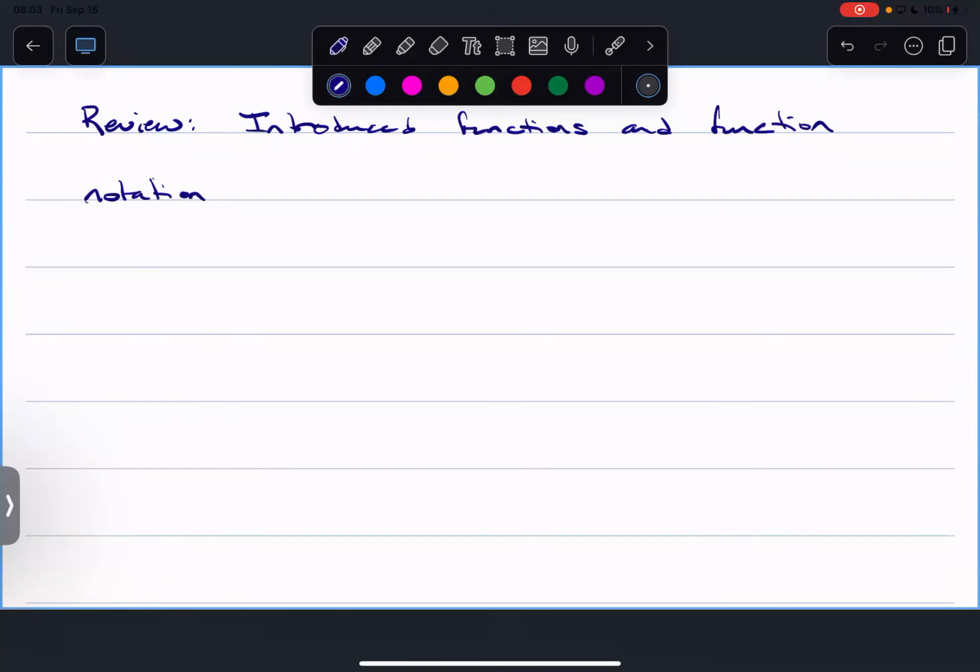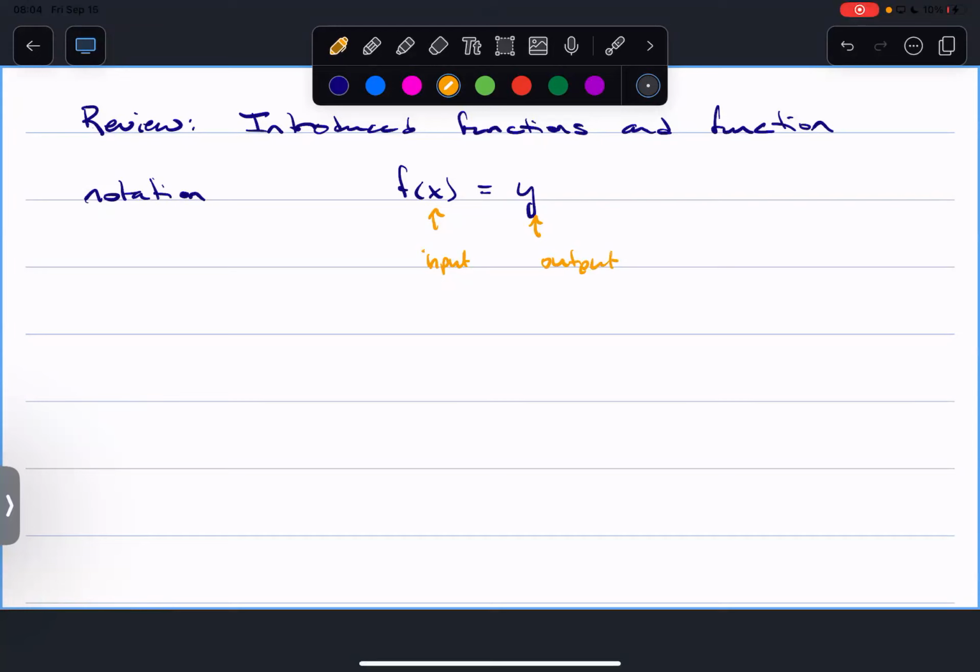Things like f of x is some y, right? And so we said, okay, well, x is the input that I put into this function f, and it does something to x, and then it gives me some output y.